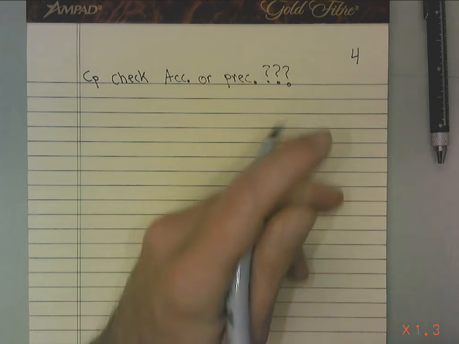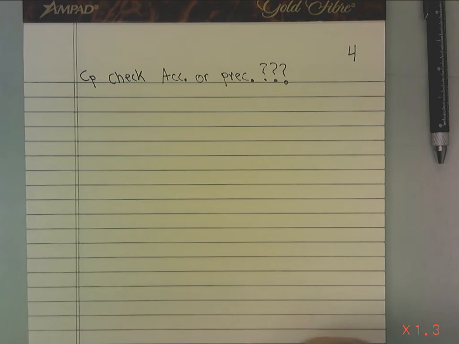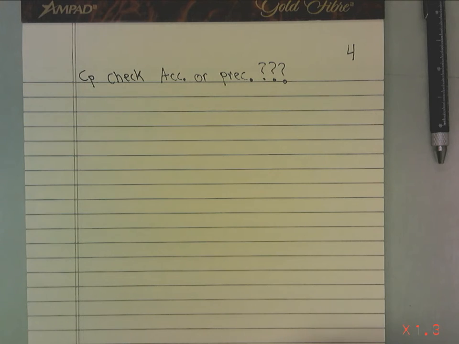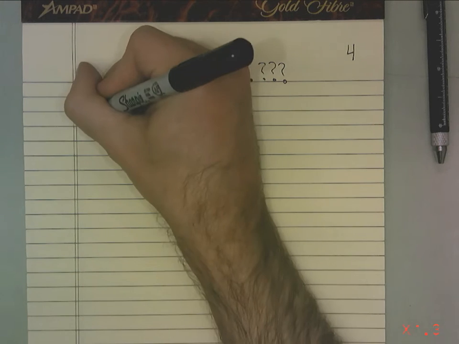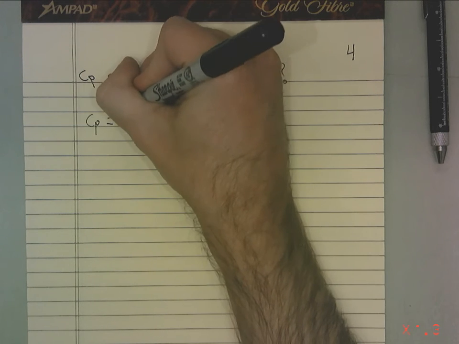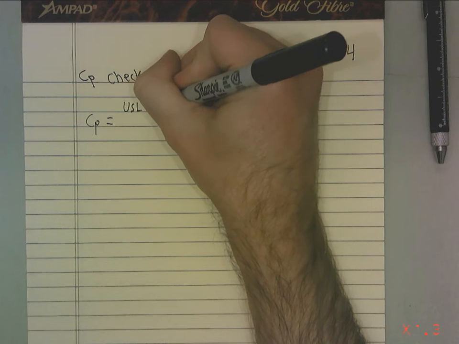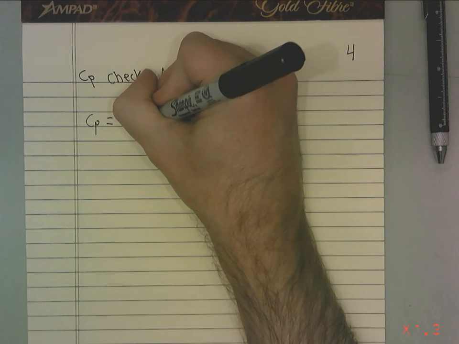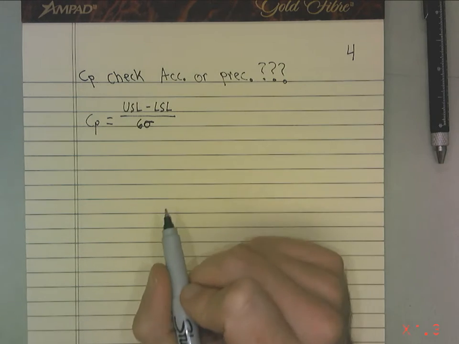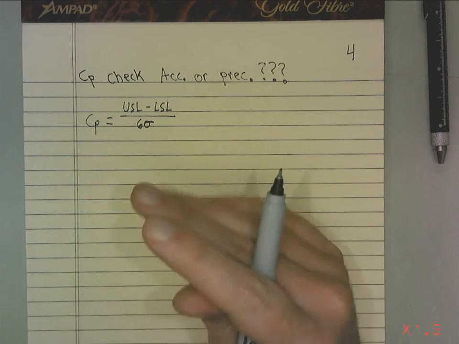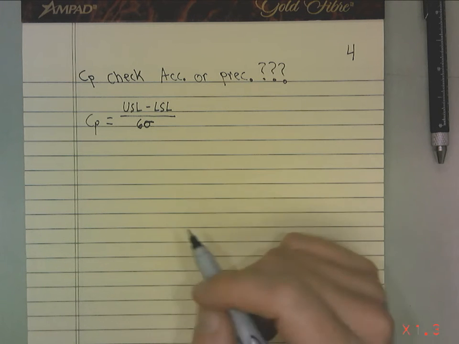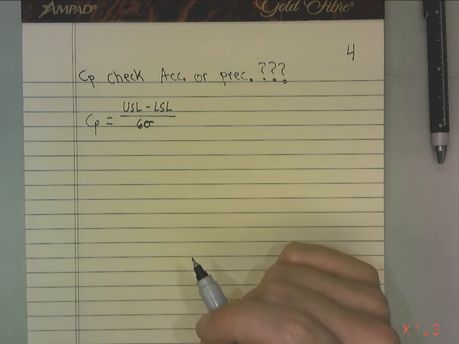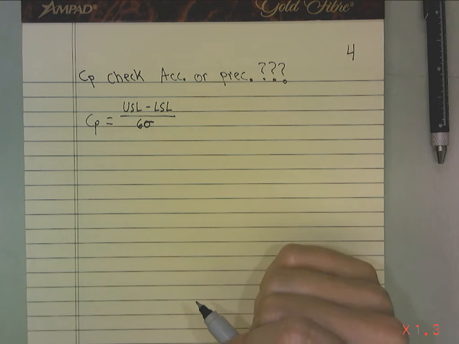Stop and think about that for a moment. Are we checking for accuracy or precision? You can pause the video, think about it, scratch down an answer, and then just pick me up again playing.